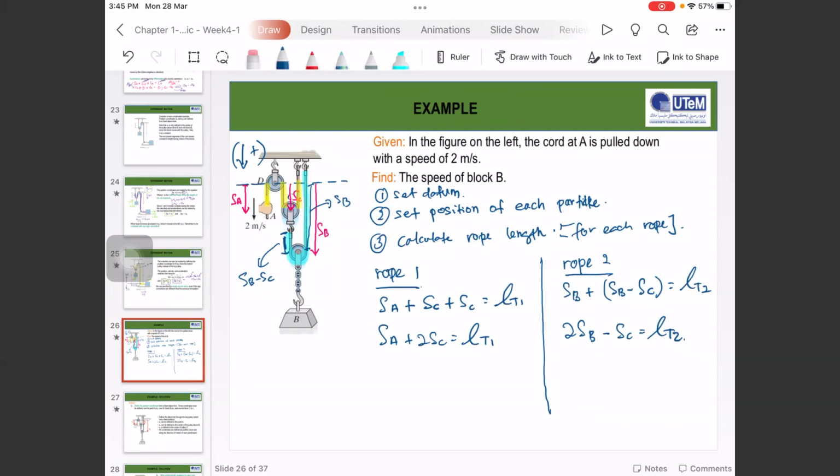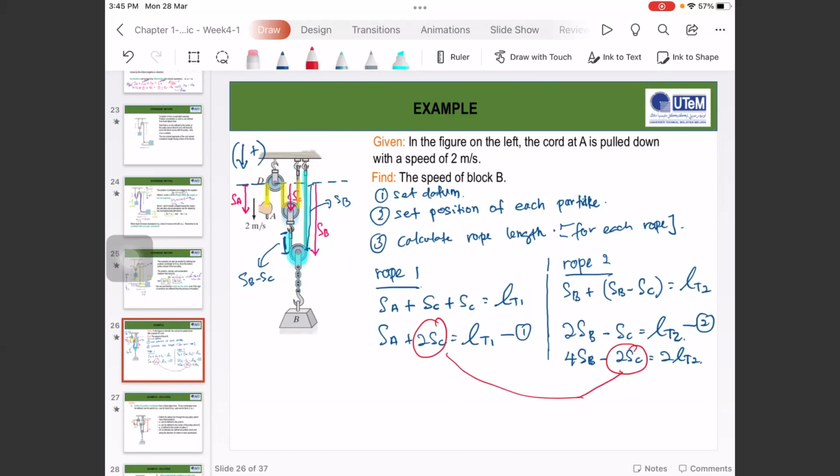So solvekan equation serentak ni. So this is, let's say, equation number 1, this is equation number 2. Okay. Eliminkan SC. Okay, so ini you dapat SB 2, simplify je lah. Right. So eliminatekan SC ini. SC ini pun sama.